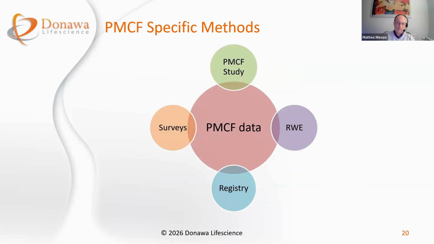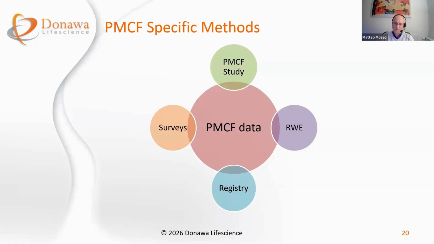So as Daniela already showed, we have 4 main types of source of data for PMCF, and of course the most known are PMCF studies, but aside from that, there are other different methods to collect the data.